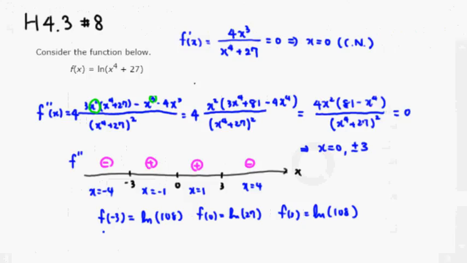Oh, actually, I made a mistake. Here is an inflection point because there's a concavity change. Here, it's actually no concavity change, so there's no inflection point there. Sorry about that. And here is an inflection point. So we don't look at this one.